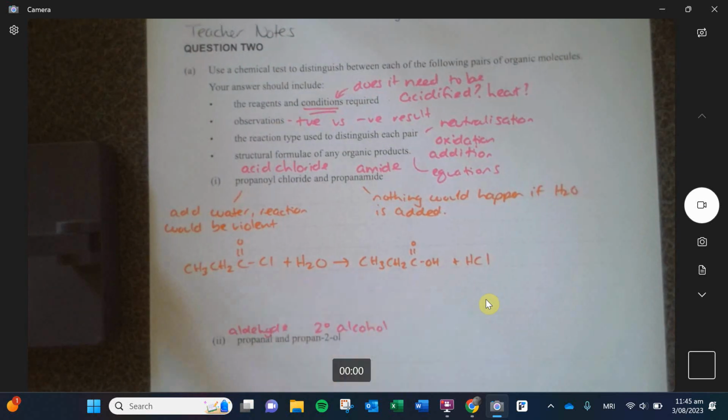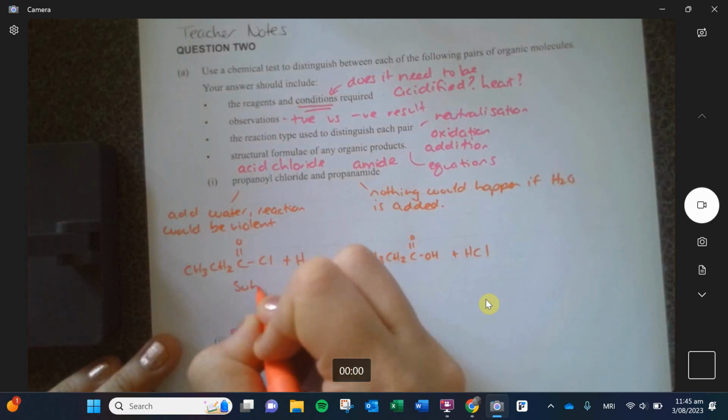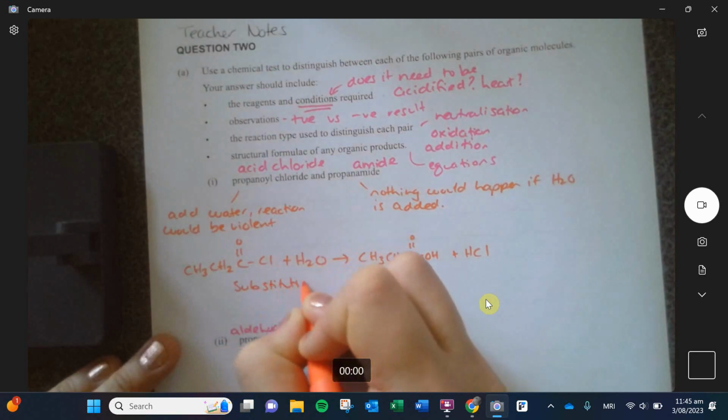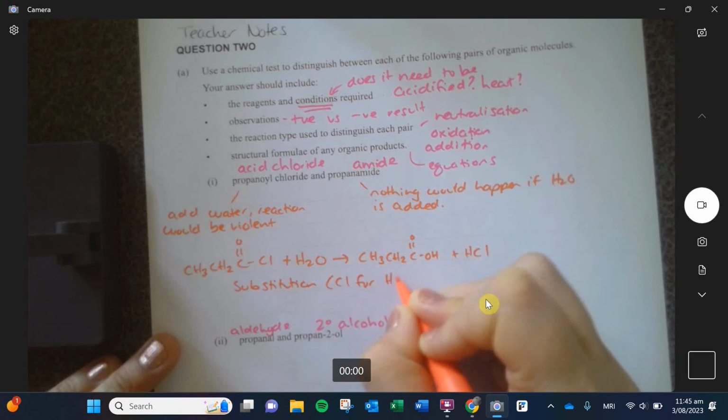So that is what's going to happen. So we're having what we call a substitution reaction, and that's because we are substituting the Cl for hydrogen.